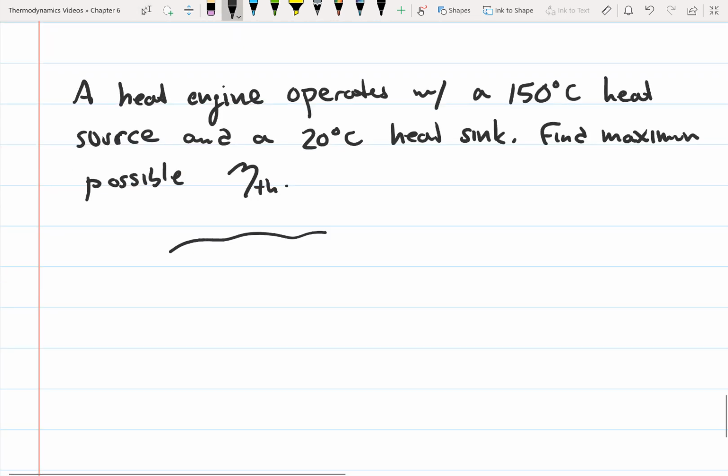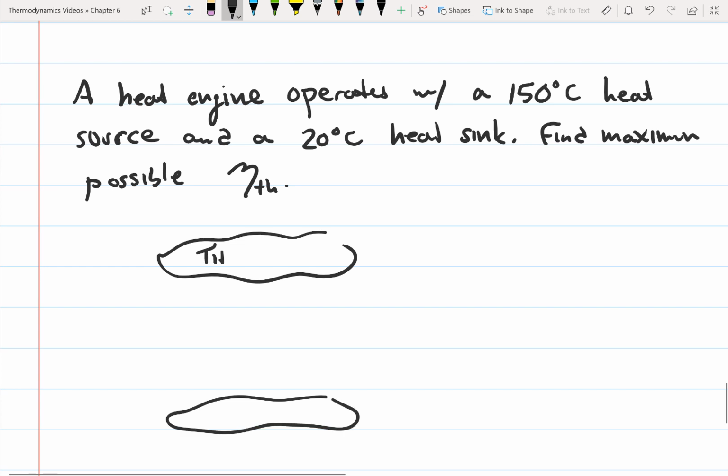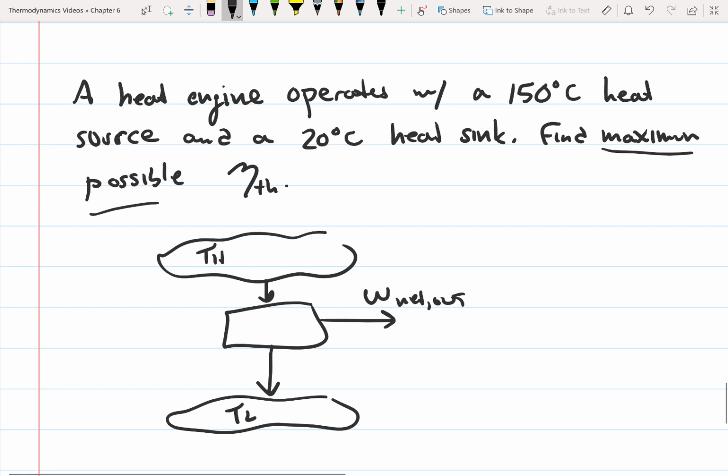Well, what we have is our two sources, T high and T low, and we have our heat engine, and we have some work out. Since we're looking for the maximum possible thermal efficiency, we want to calculate the efficiency for the Carnot cycle, or for a reversible process.